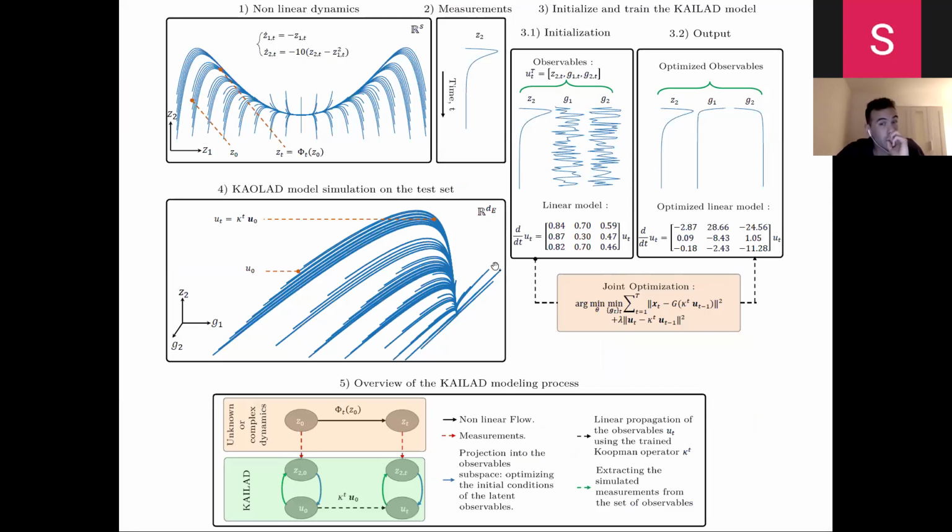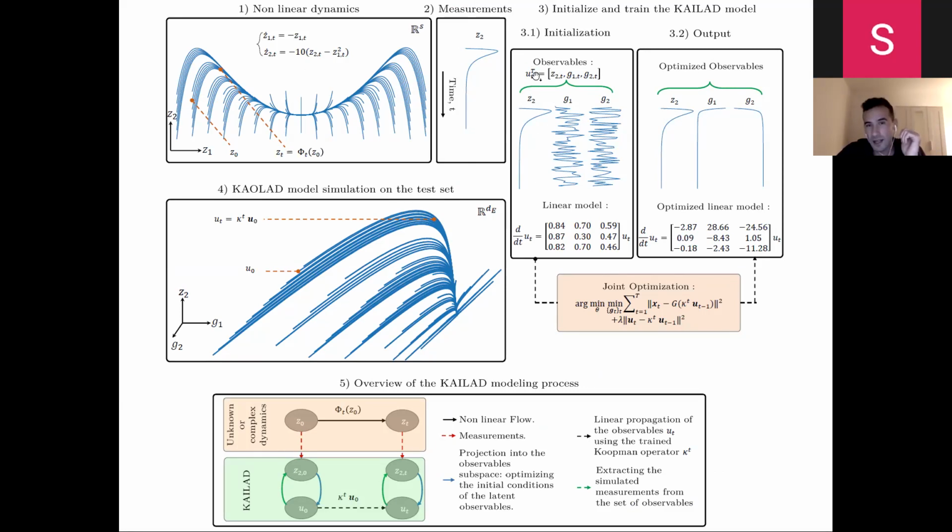So what we propose is extremely similar to the time delay embedding model. I'm extremely sorry for the busy slide, but it's extremely simple. You'll see. Assuming that we are provided with some measurements of a nonlinear dynamical system, we project these measurements into a higher dimensional space that is concatenated to other unknown observables.